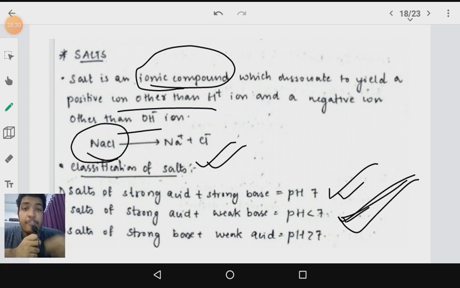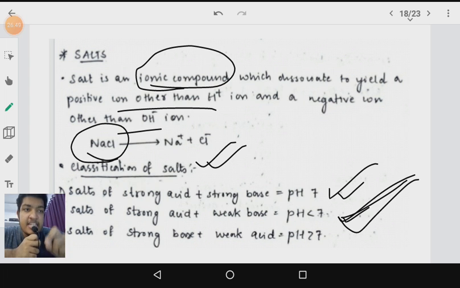So if a strong base and a weak acid are taken, in that particular case, an example which we can take is the strong base NaOH and the weak acid CH3COOH, that is the acetic acid. So they will combine to give a salt, that is CH3COONa, that is known as sodium acetate.